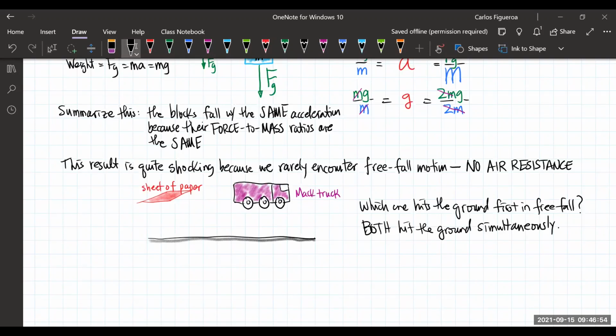And so what we do here is that we then go to a video by Brian Cox, and he is an astrophysicist from England. And what they do in this video is drop a bowling ball versus a feather.